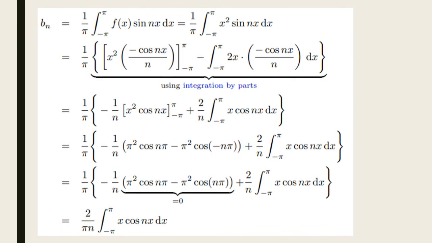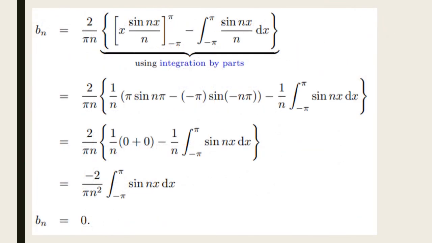Consider a sine wave: integrating from here to here, the negative value cancels the positive value, so it results to 0. Feel free to pause to verify the solution, but we end up with b sub n equal to 0.